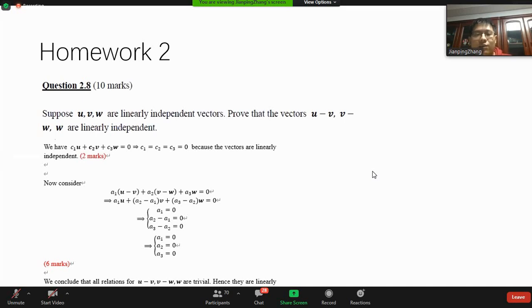After that, you should express what you want to prove in the same form, and then find the transform from your condition to the thing you want to prove. If you find the bridge between them, it's easy for you to prove that.